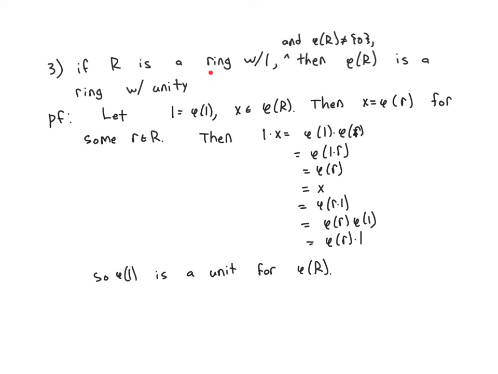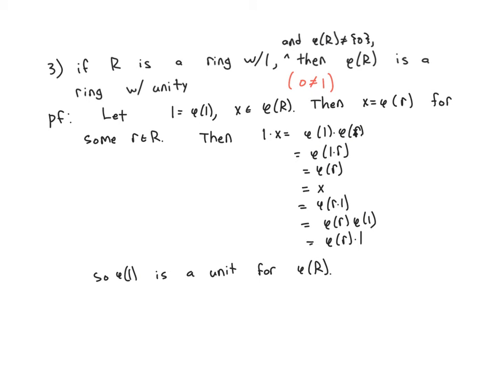Now suppose you have a ring with a multiplicative unit. If your image has got more than 0 in it, then phi of r is also a ring with unity. Why do I need this bit? Because it's usually customary to insist that the unit is not 0 itself.